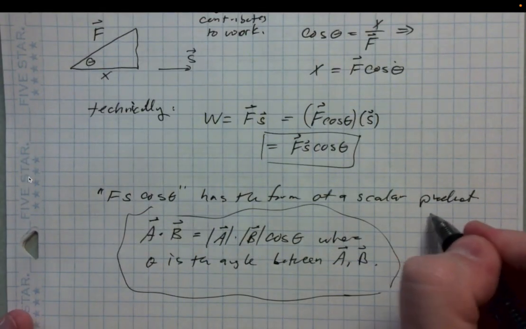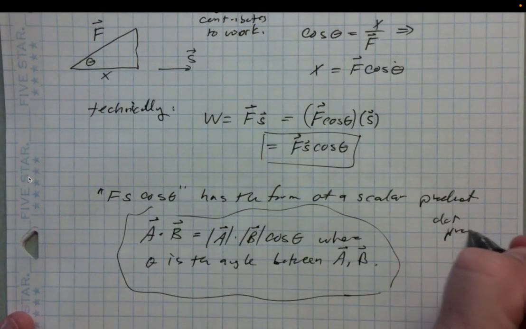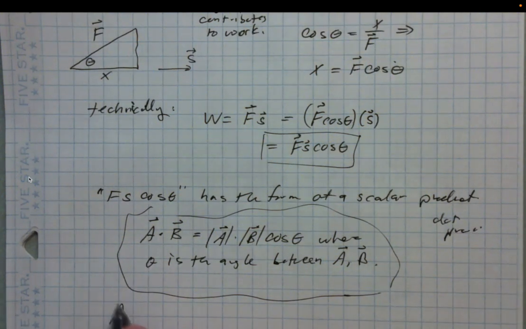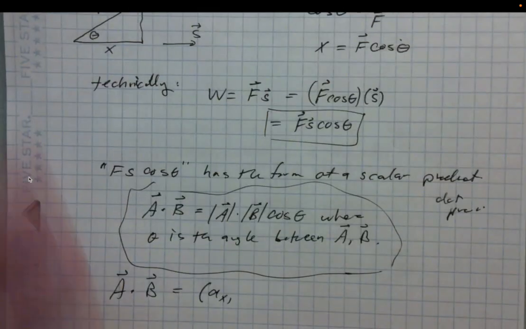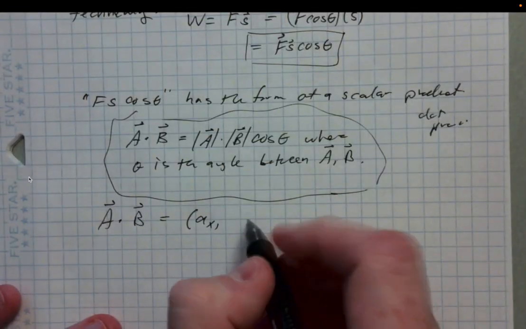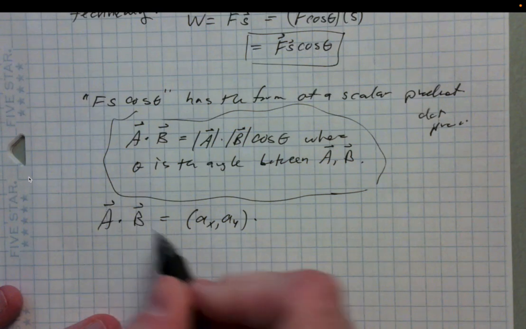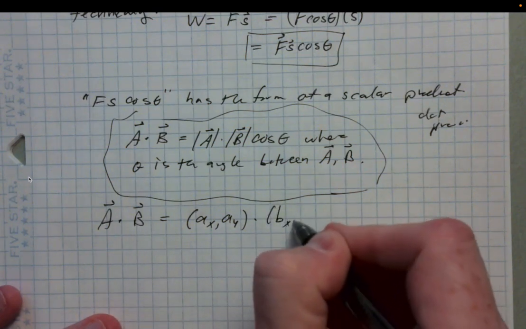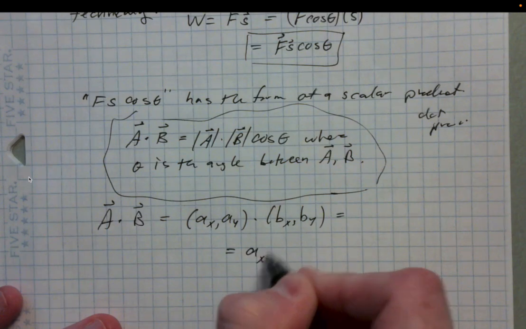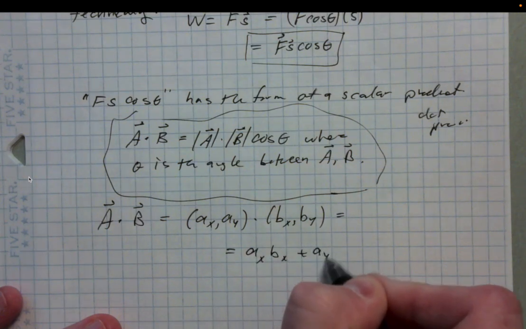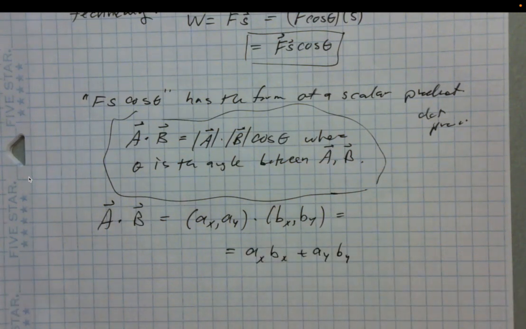And you might remember that A dot B, if your vector A is a two-dimensional vector, might be AX, AY, and your B vector might be BX, BY. Then A dot B is just AX BX plus AY BY, this regular multiplication.